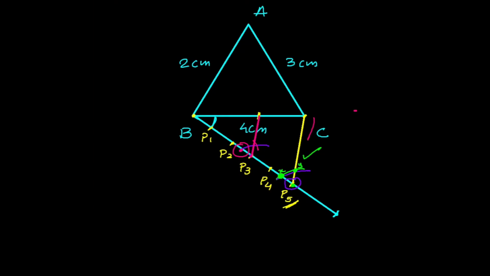Now you have to construct a similar construction with this and this angle. Keep the rounder's point on C and draw an arc similar to this one.